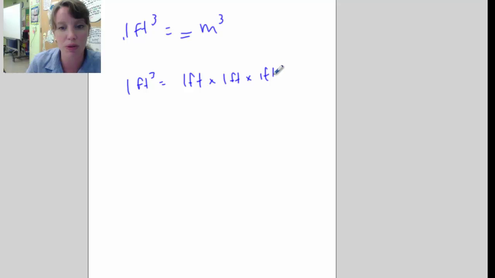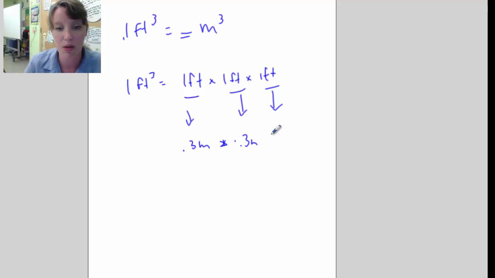It's a cube with feet as its measurements along the sides, and then you'd have to convert each of these into meters, right? It was about 0.3 meters, and you have to be multiplying them together. This is multiplication here. And then when that's all finished, you're going to have the amount of meters cubed, whatever that is, in 1 foot cubed. So that's one way of doing that.